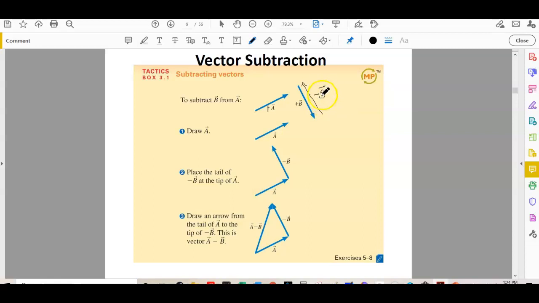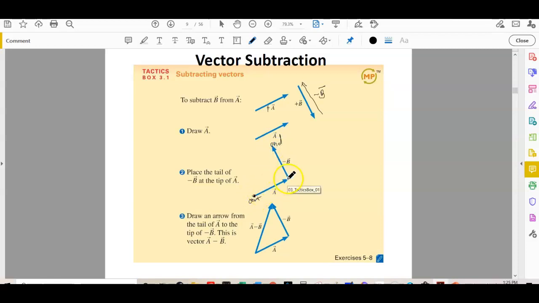So now you're going to go ahead and add those two vectors together. You have a positive A and then a negative B vector, which is what they did. They've taken the head of A and added it to the tail of the negative B vector. And then the resultant vector is you started here, and then you ended here.